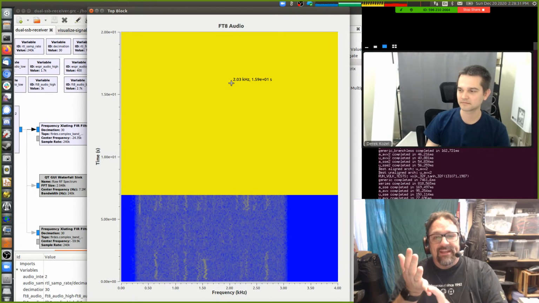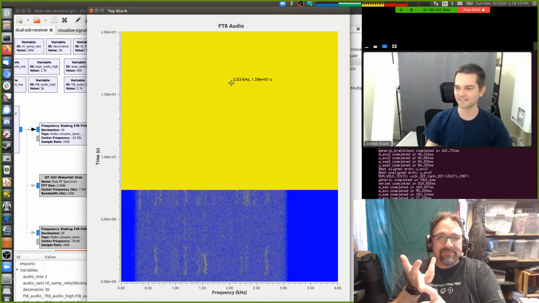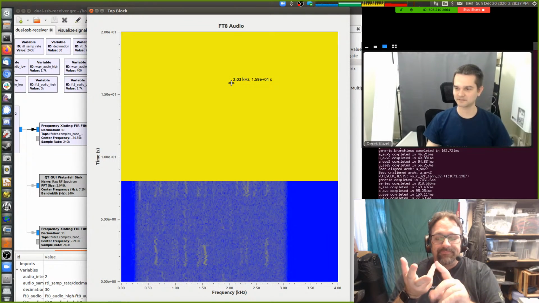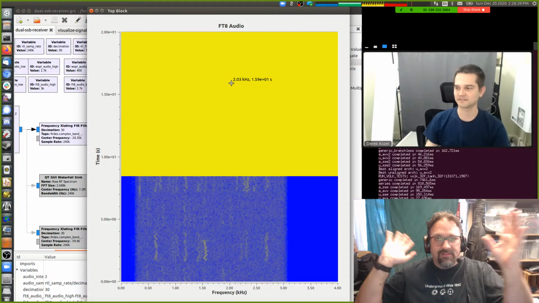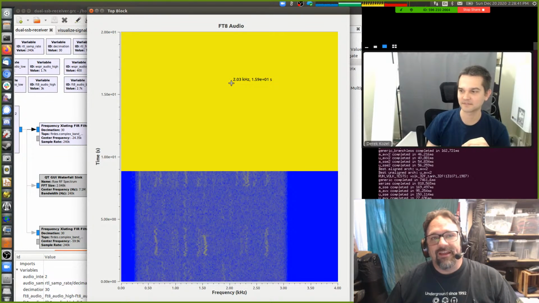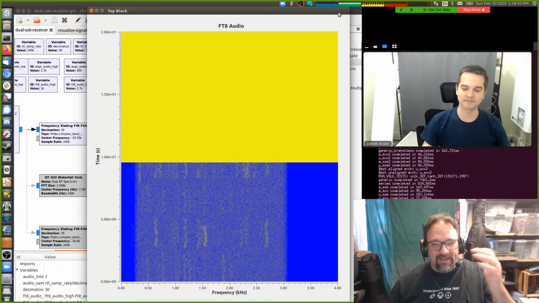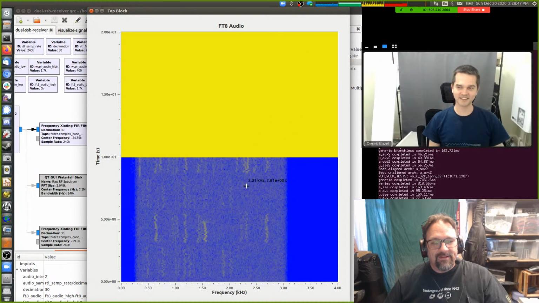Spotting FT8, spotting WSPR, possibly spotting CQ, CW CQs, all on one receive antenna. That's kind of what I'm thinking of in my head.